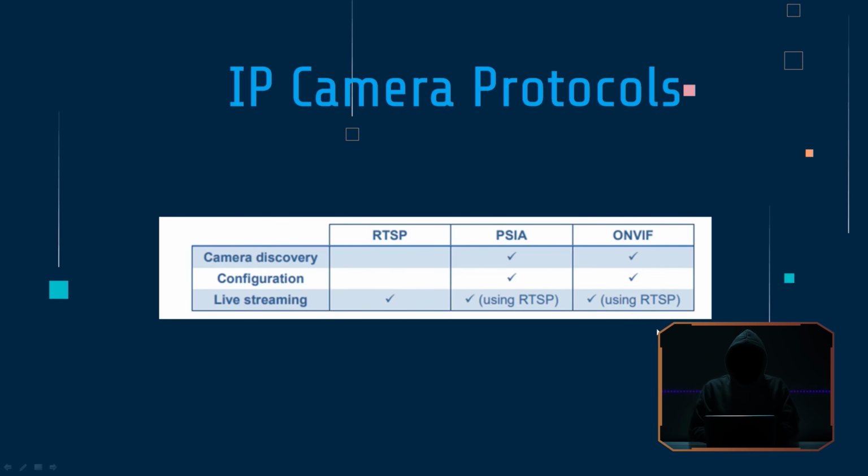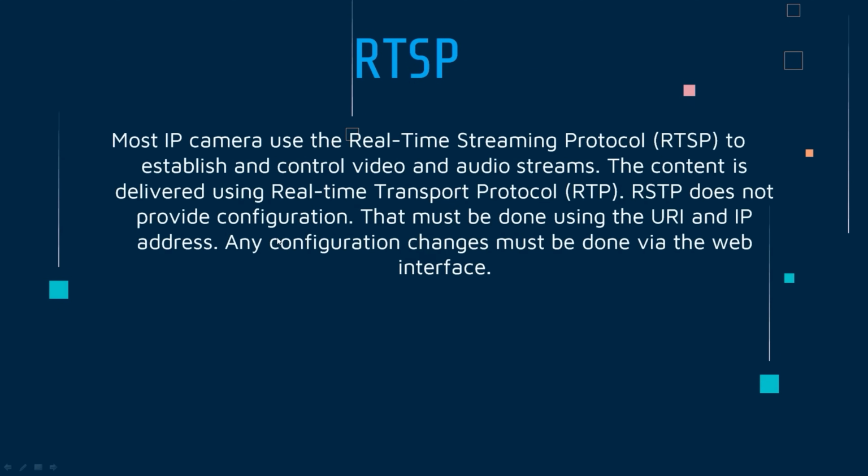RTSP is by default port 554, but a lot of the manufacturers put it on like 8554 or 5554. So it defaults to 554, but you'll find cameras on all different ports, and usually it ends in 54. So anyway, RTSP is the Real-Time Streaming Protocol.